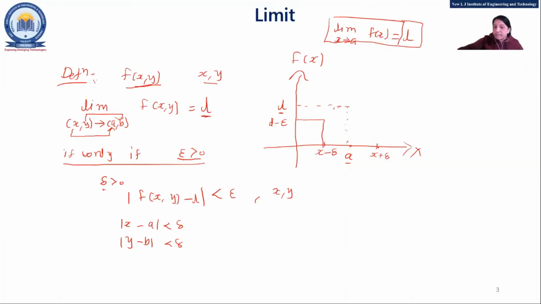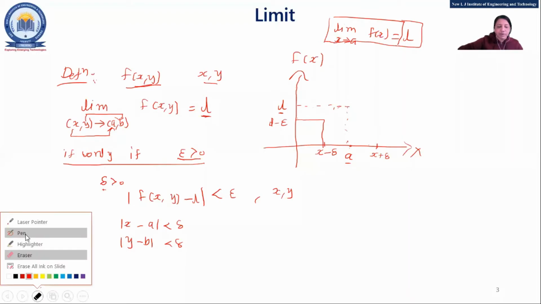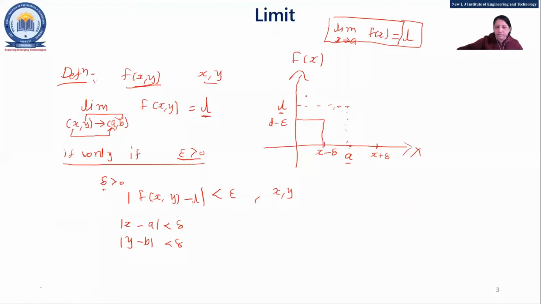If it is a plus delta, obviously we will have some value, that point should be here. So if you are going from either the left hand side or the right hand side, then it should have some value, so L plus epsilon. So this is the way, and my f of x is like that.